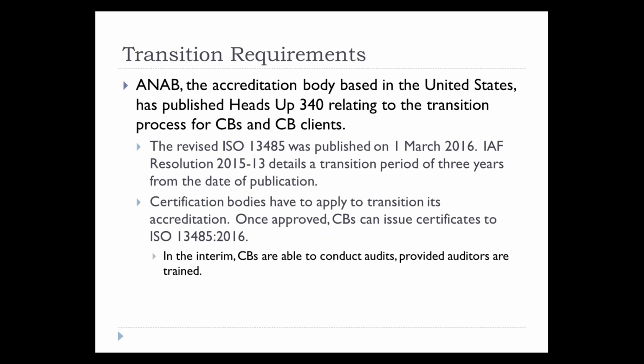Certainly you cannot wait that long to have an audit, so we will probably implement a drop-dead date for organizations seeking certification for the first time to select 13485-2003 as opposed to 2016, and then a transition deadline for currently certified clients to go through their transition audit.